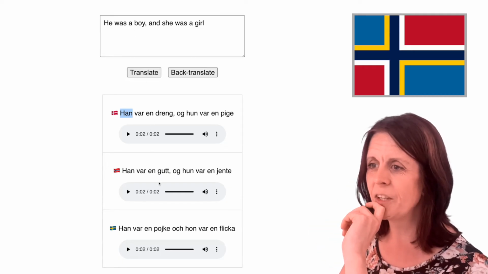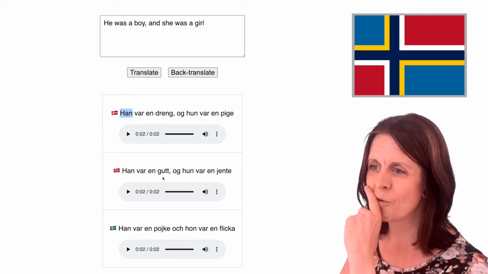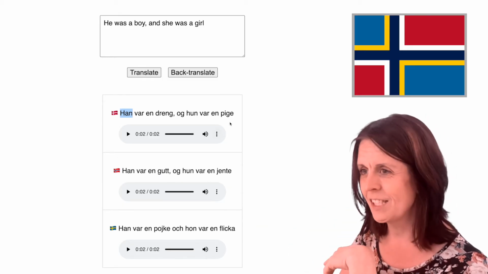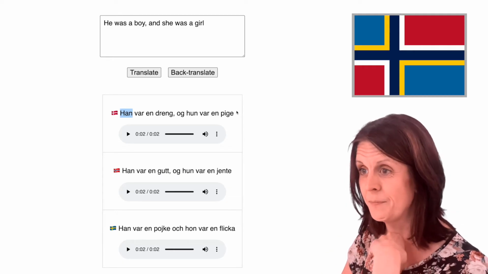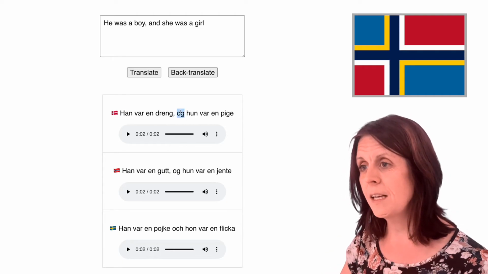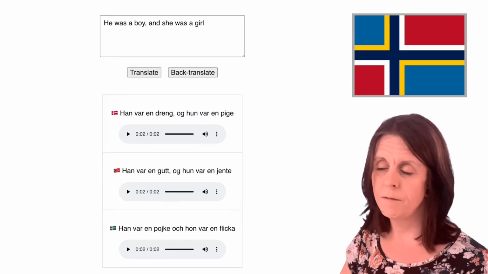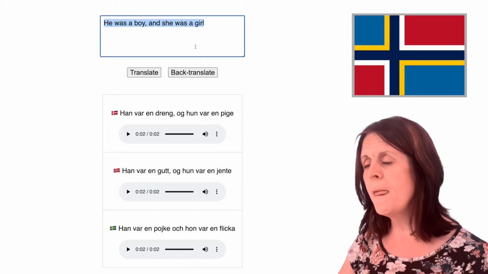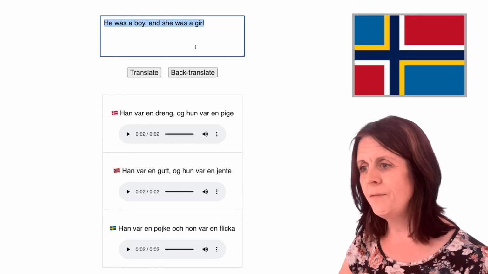En dreng, en gut, en pojke. So we have 3 different words in 3 different languages for boy and 3 different words in 3 different languages for girl. Let me also just say og, okay. We're going to go with og for and.